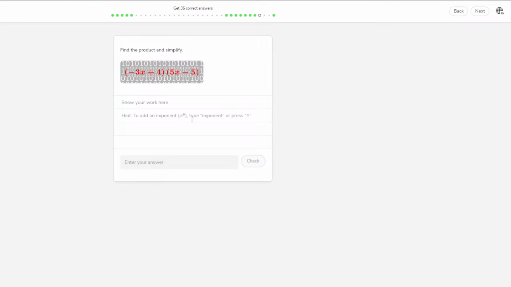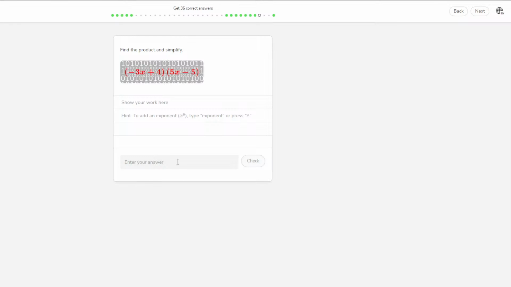Negative 3x plus 4 by 5x minus 5. Negative 15x, 20x, 15x and negative 20.